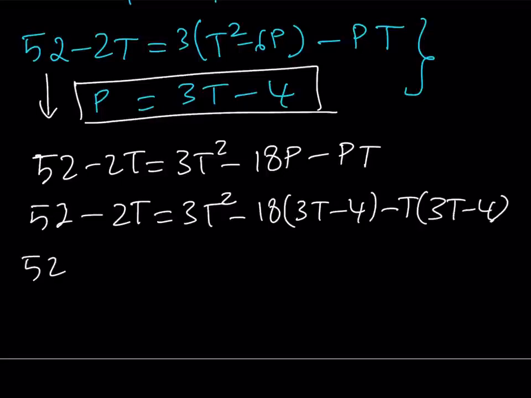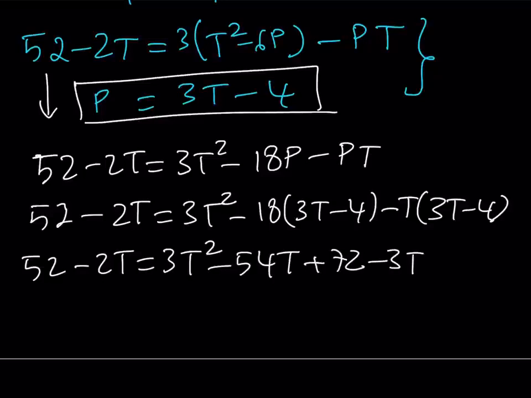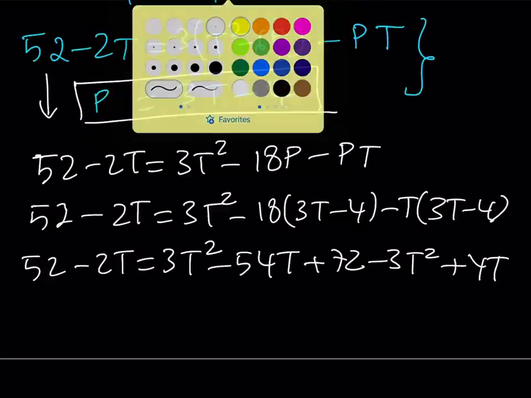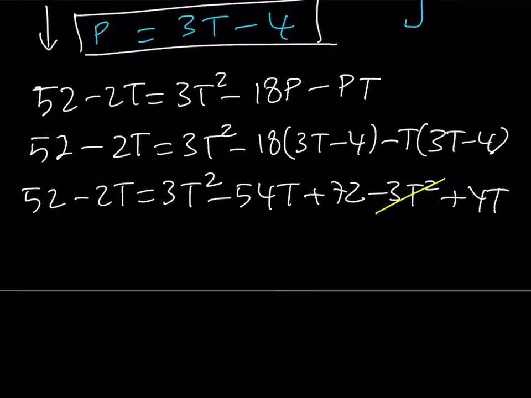This is going to give us 52 minus 2t equals 3t squared minus 54t plus 72 minus 3t squared plus 4t. Now, at this point, we can go ahead and simplify the quadratic terms. Awesome. And then we can put everything on the left-hand side, like the variables, and the numbers on the right-hand side.